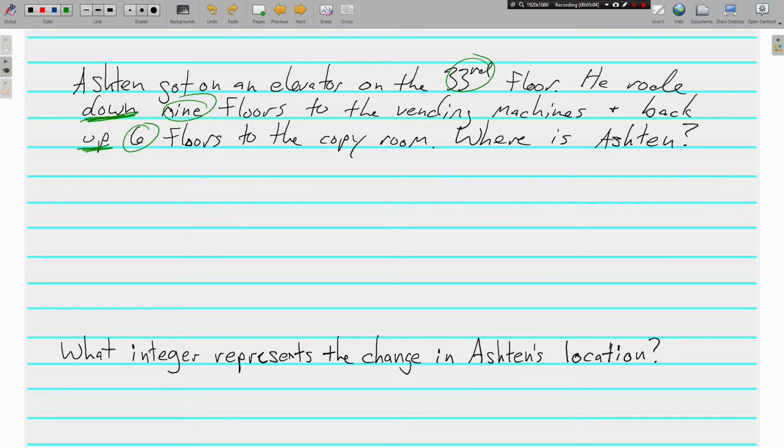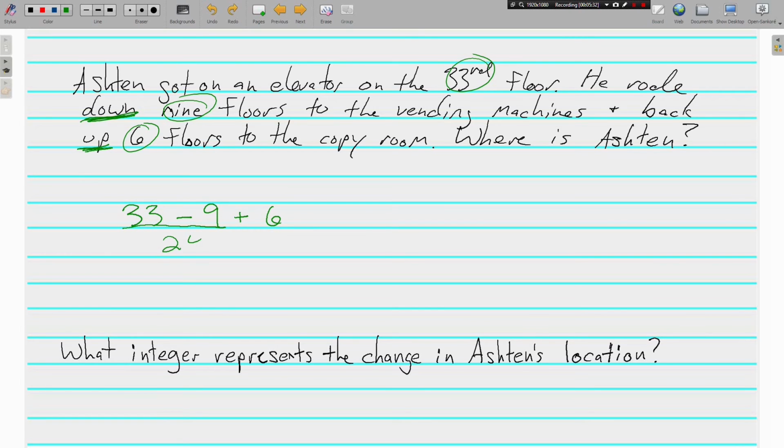Okay, showing our work. He got on the elevator at the 33rd floor. He went down, that's going to be a negative, down 9 floors, and then back up 6 floors. All right, 33 minus 9 is 24.